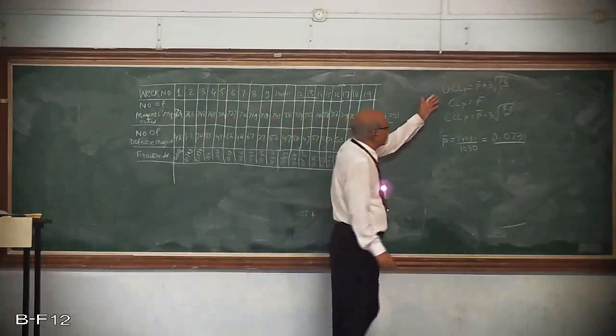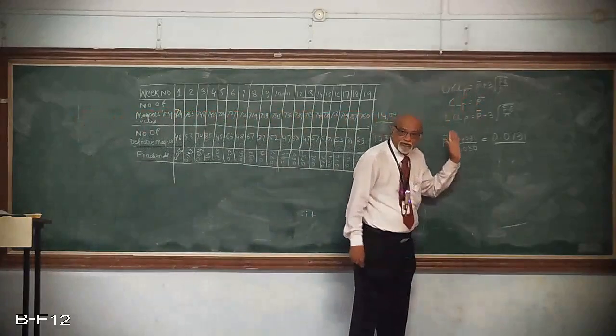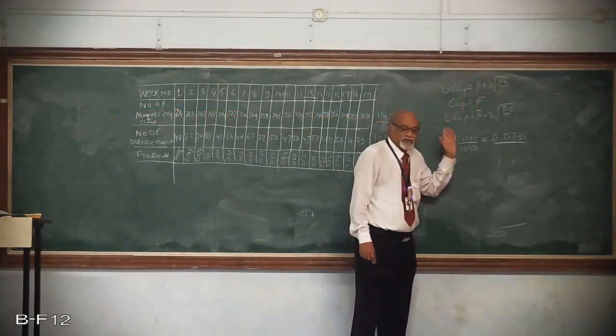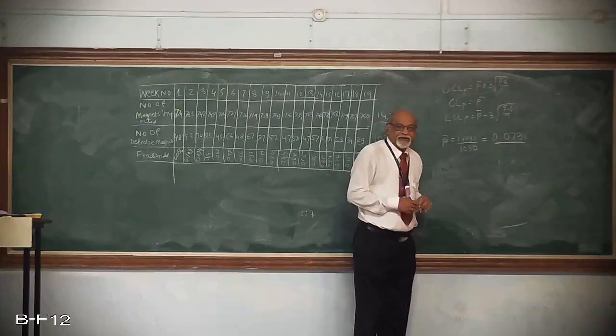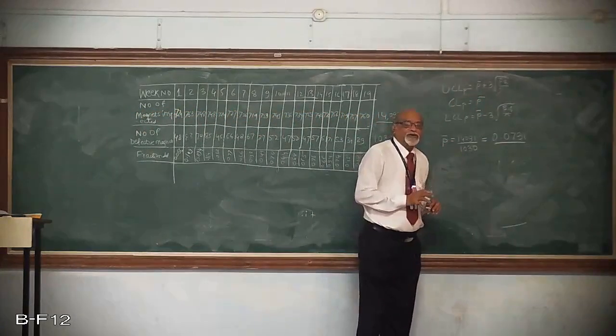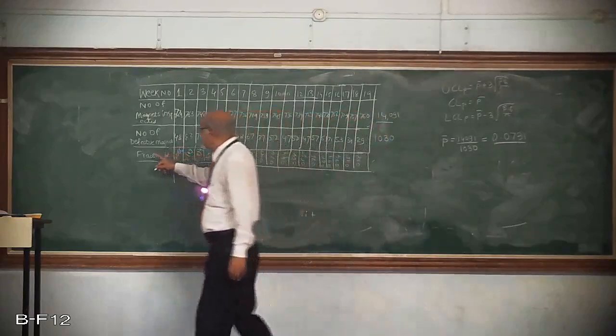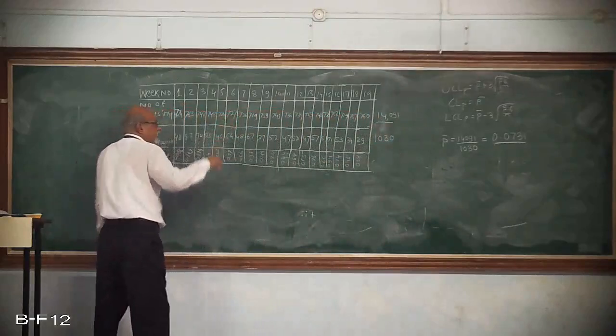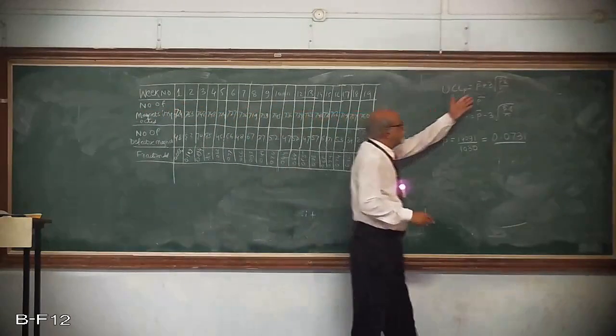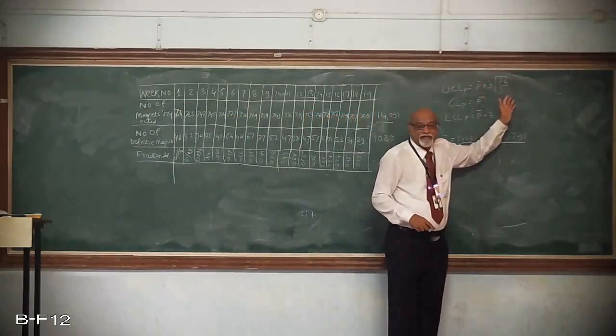Now I have to calculate the upper control limit and the lower control limit. So now the decision is to be taken whether for each sample size it is going to be divided by n, or whether we can find out some average sample size.